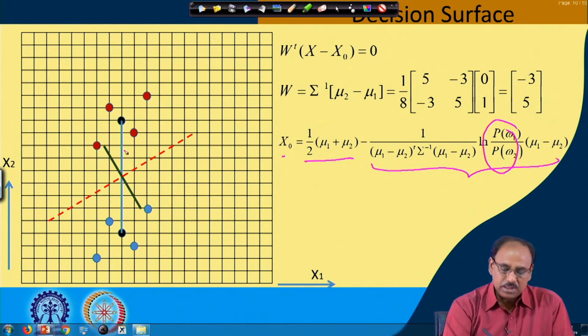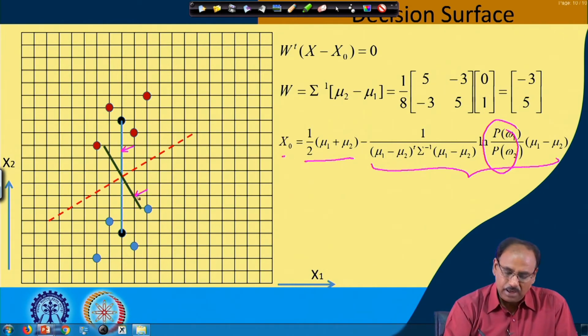So, this dark blue line is the line joining mu 1 and mu 2. Dark green line is sigma inverse times (mu 1 minus mu 2), and this dotted red line is the line which is orthogonal to this dark green line, and it passes through x naught, where x naught is half of mu 1 plus mu 2.